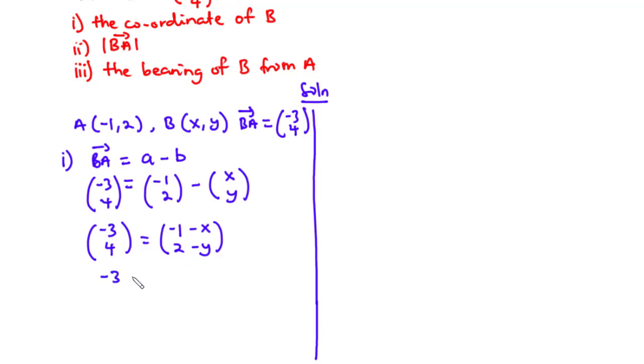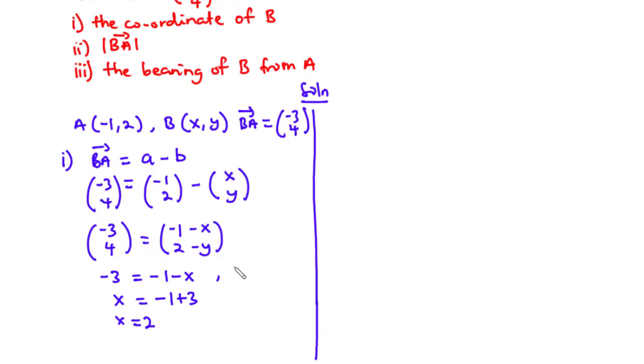So we have -3 equals -1 minus x. We transpose -x to the left hand side, -3 to the right hand side. So that is x equals -1 plus 3, and then we have x equal to 2.